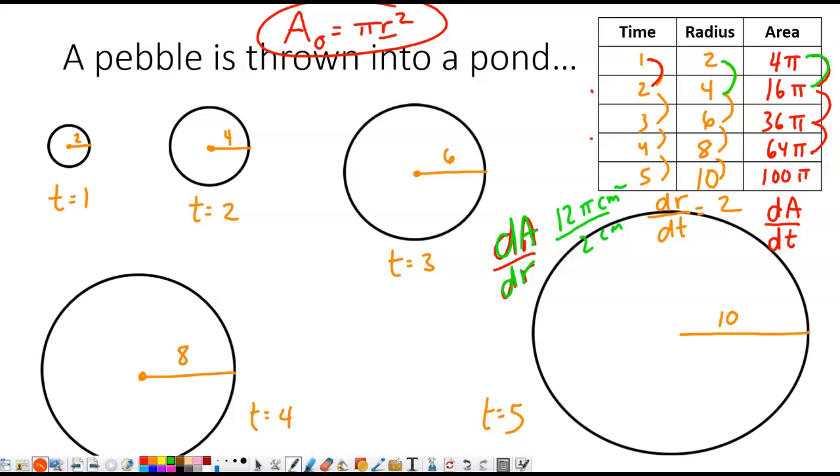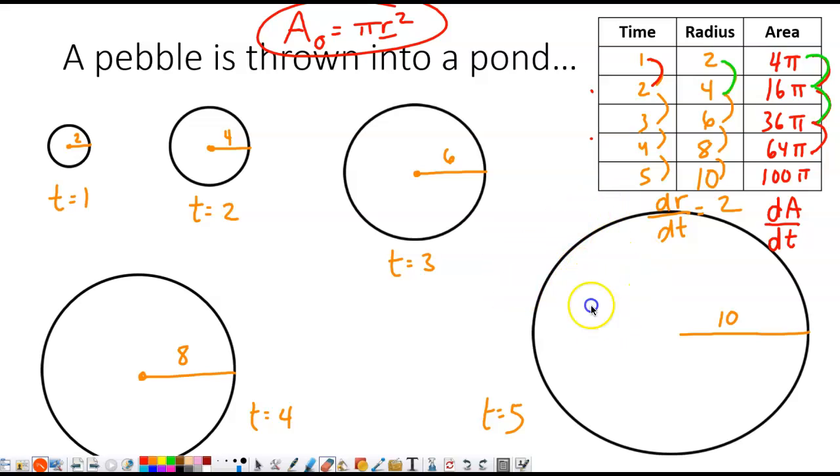So that would mean that the derivative of A with respect to r is 6 pi square centimeters per centimeter. What that means is for every centimeter that the radius increases, the area is increasing by 6 pi. Now, it'll be different if you were to go from here to here, because, as we said, the rate of change of the area is actually accelerating. But there we have it.